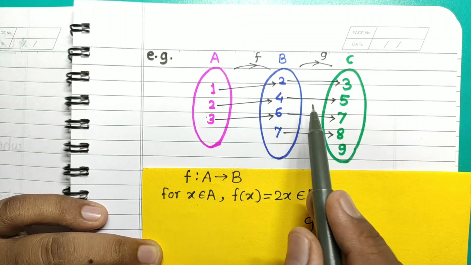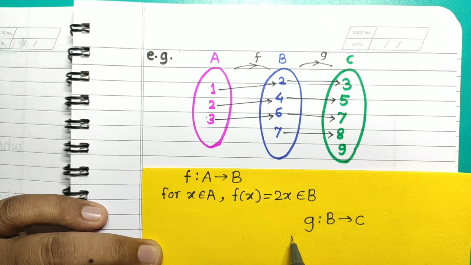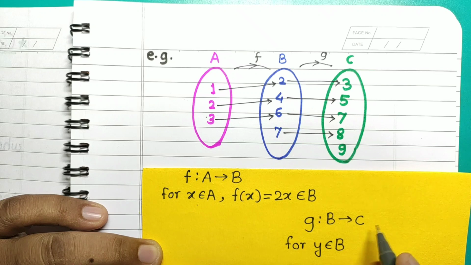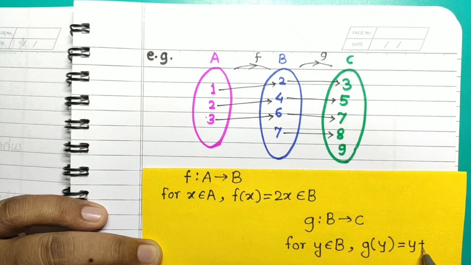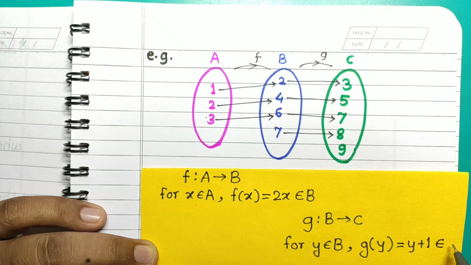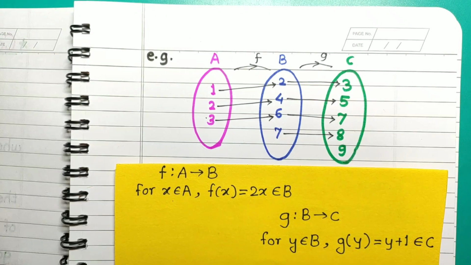You can easily observe that for any element y belonging to B, its image under function g, denoted by g of y, is y plus 1, which belongs to set C.